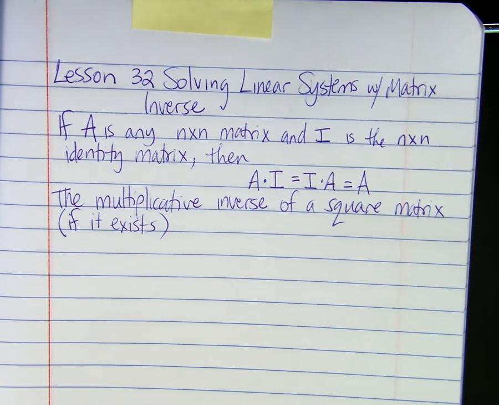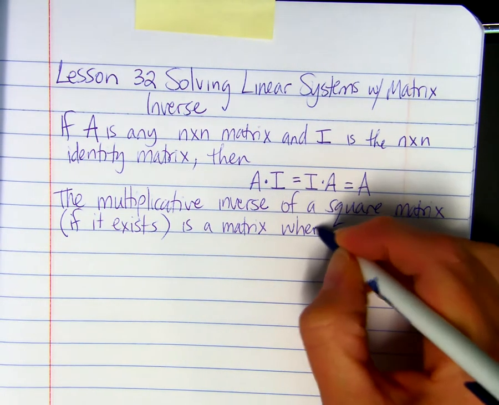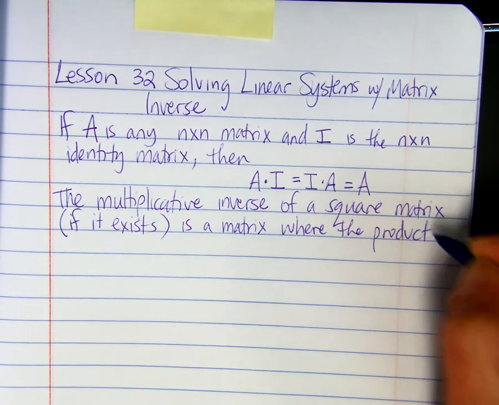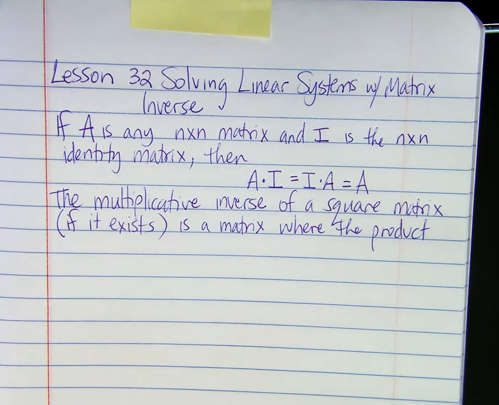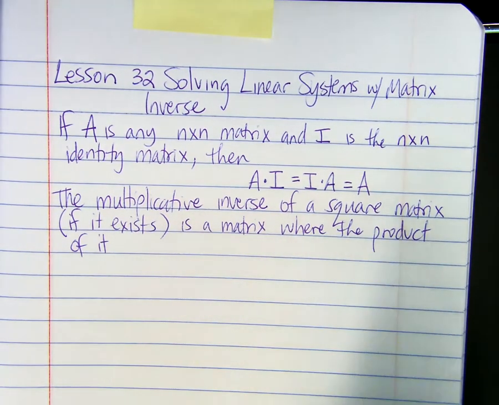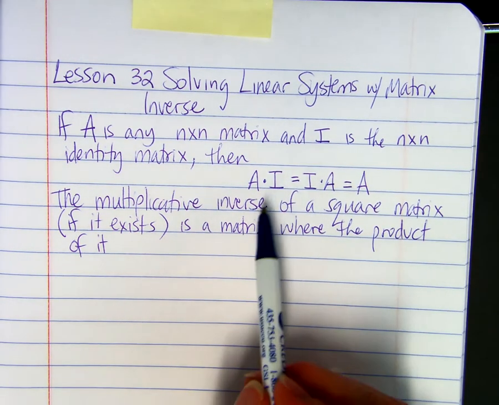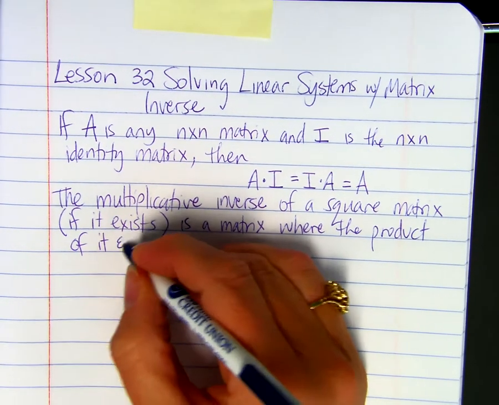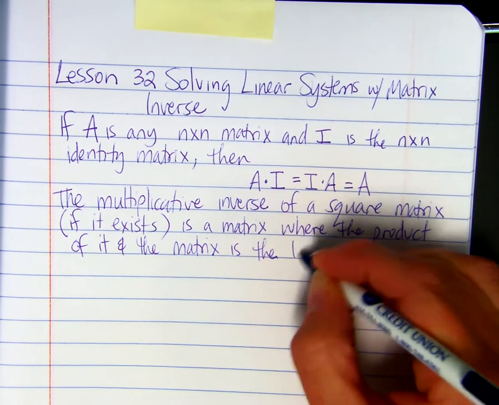So if it exists, it is a matrix where the product of the inverse and the matrix itself is the identity matrix.